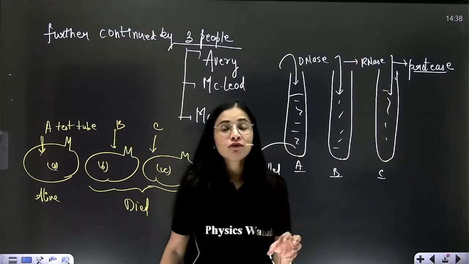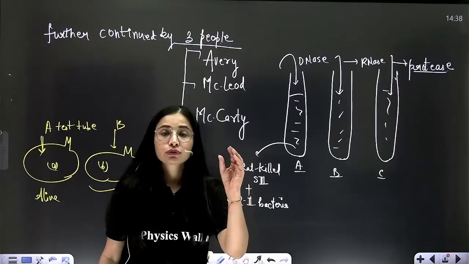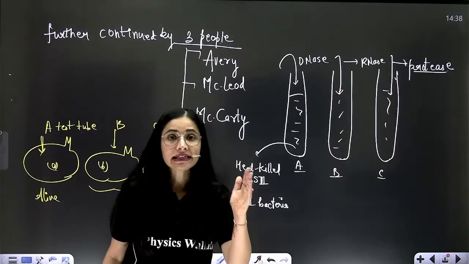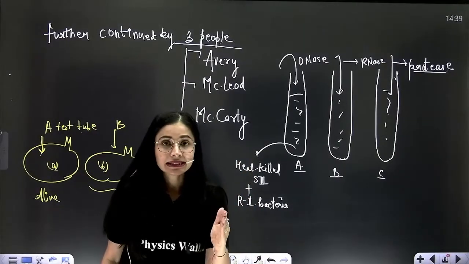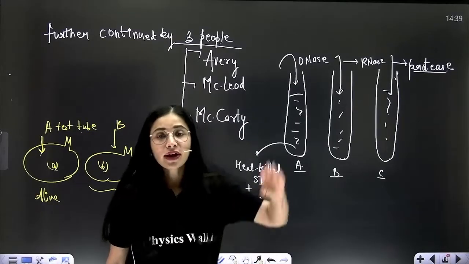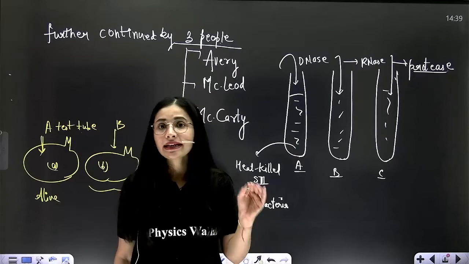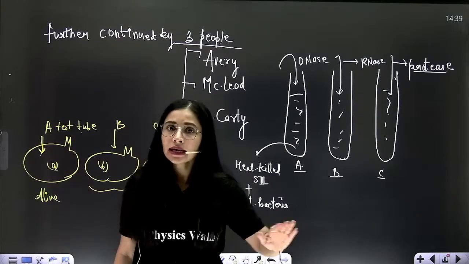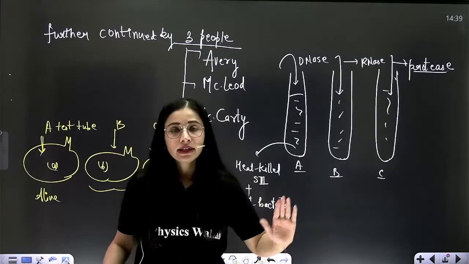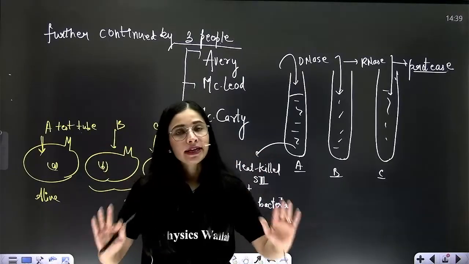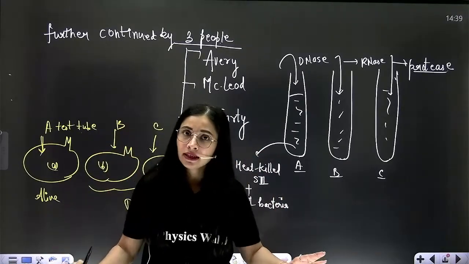Now, DNA was the genetic material which was released by heat-killed S3. This DNA has no effect from protease. Protease enzyme can only degrade protein but not RNA or DNA. So DNA will remain intact. It will remain unaffected in the medium.